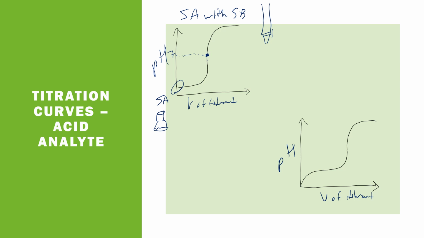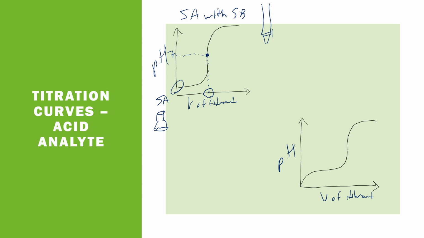And when you find that most vertical section, that volume of the titrant, that's going to be what you use to calculate concentration. So you'll change that to liters, multiply by the molarity to give you moles, do your mole ratio, and then convert that back to molarity of your analyte.